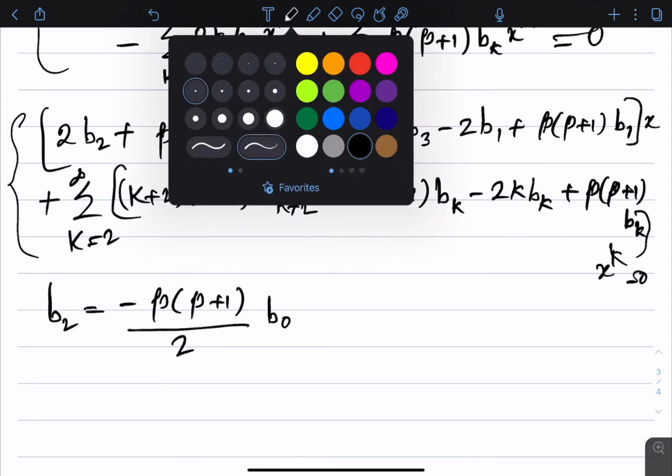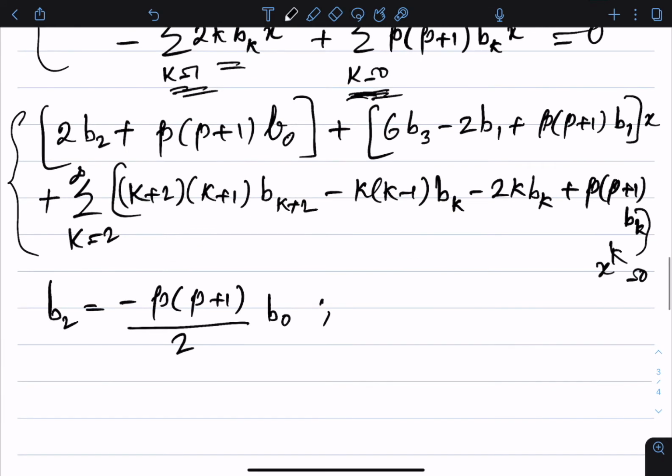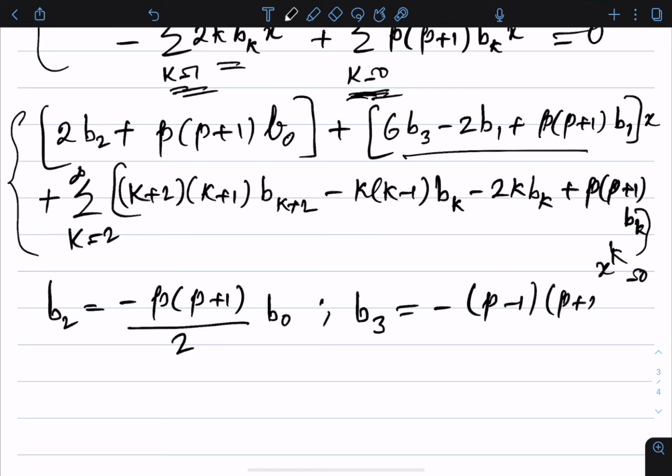Similarly, from the second term we get b3, which is minus p minus 1 into p plus 2 by 6, times b1.